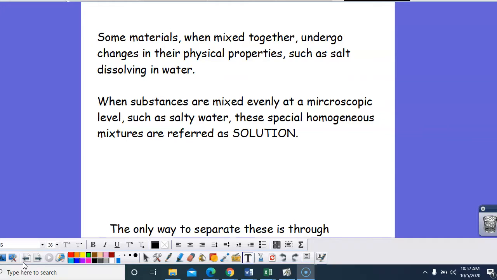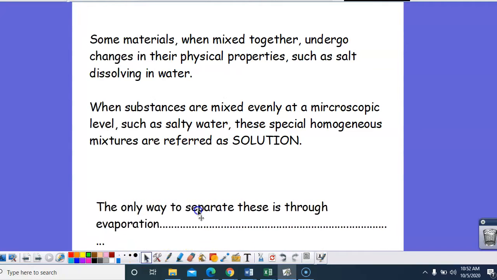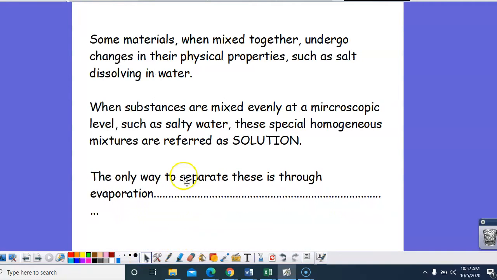The major one we're going to actually look at and watch a video of is how to separate the solution of salt and water. The only way to separate these is through evaporation.